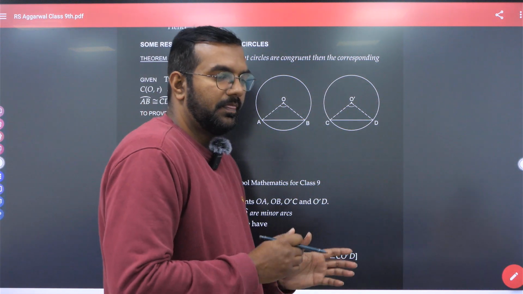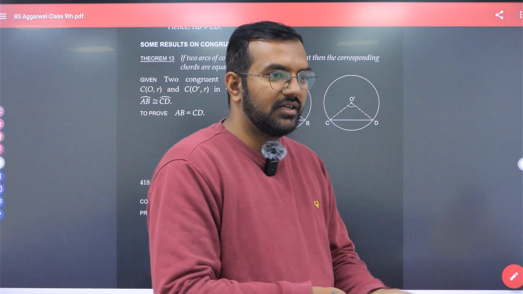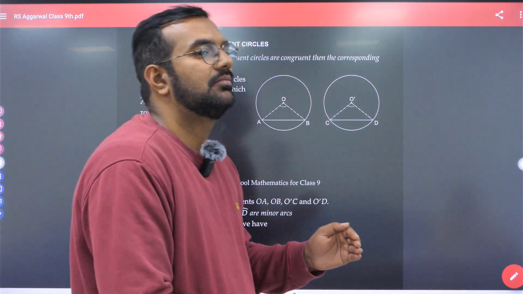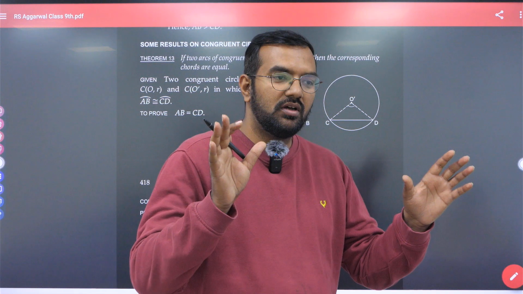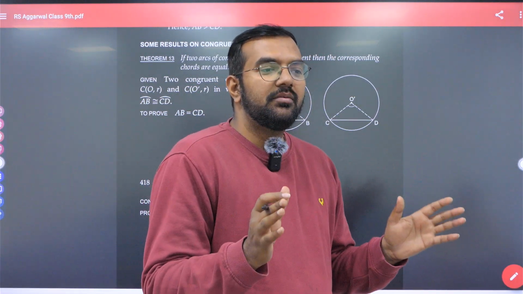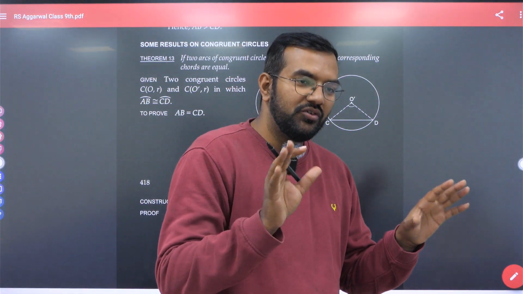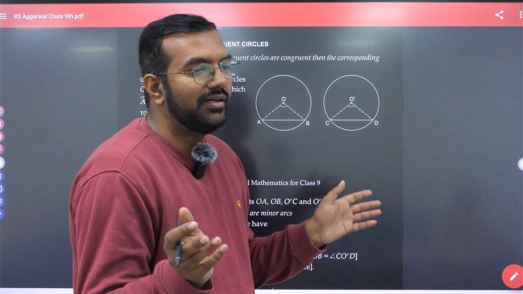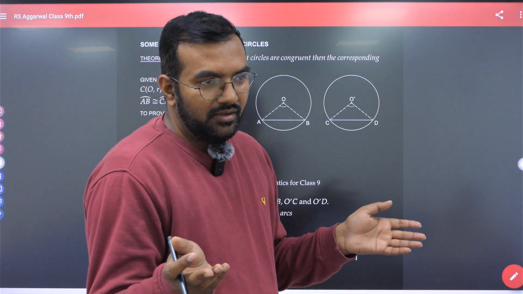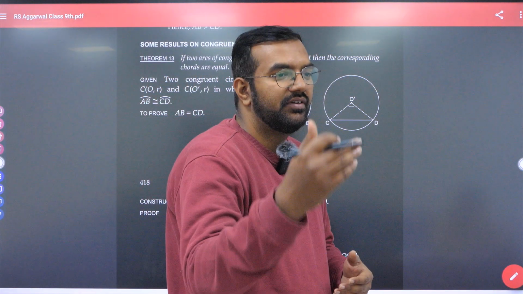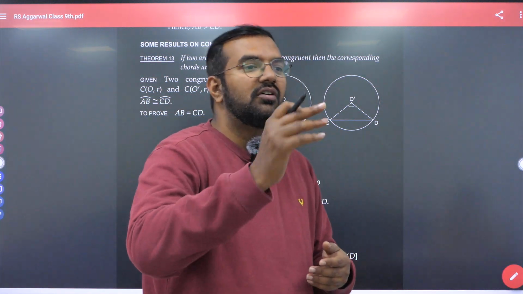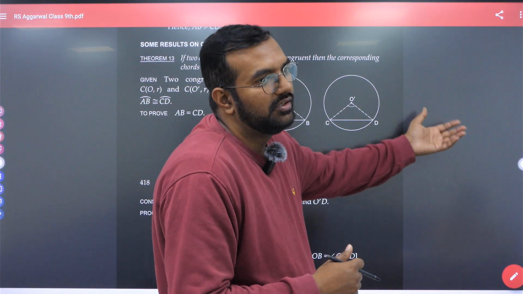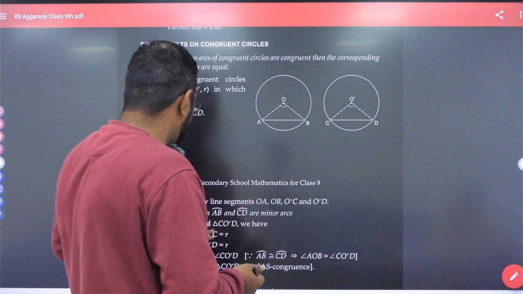Any theorem that you have already proved in the same circle, if the same theorem is given in two congruent circles, you can prove it in a similar way, because in congruent circles the radii will be equal. It matters only for the radius. If the radii are equal, you can prove it in the same circle and also in two congruent circles.